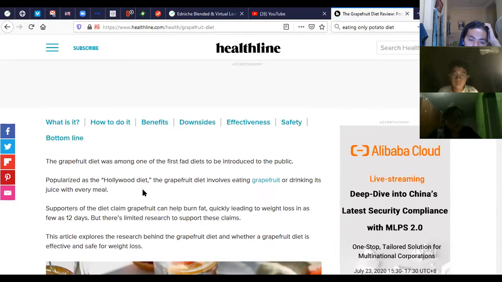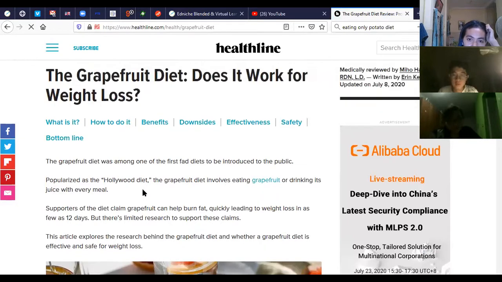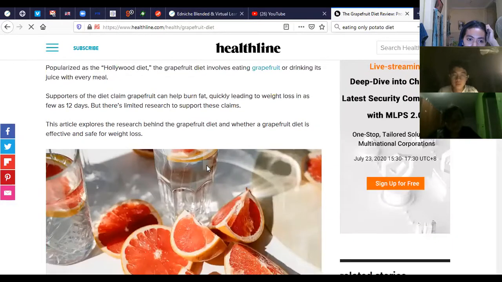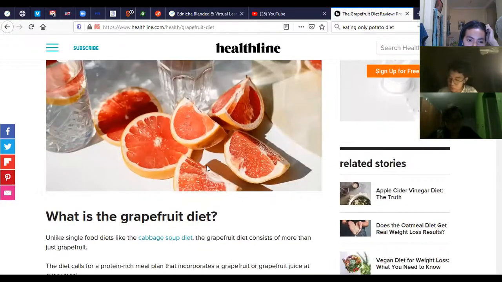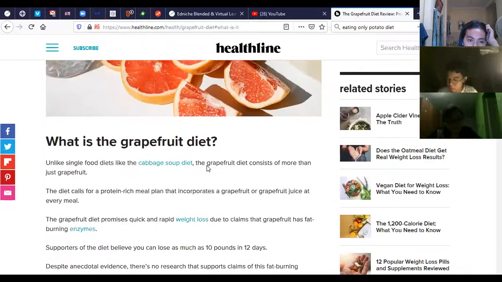So the grapefruit diet was among one of the first fad diets to be introduced to the public. Wow, it looks like you only have grapefruit. So grapefruit diet means you include grapefruit in any meals.